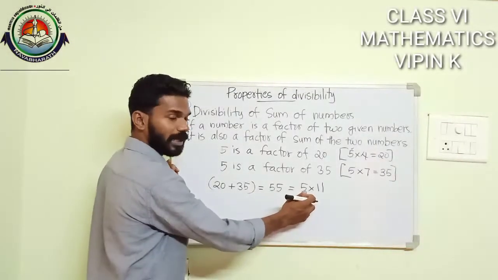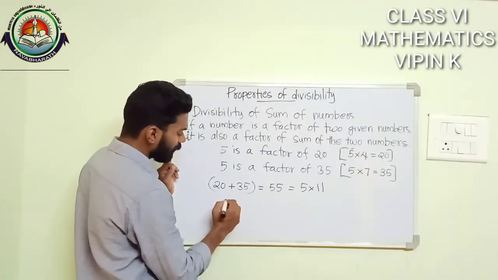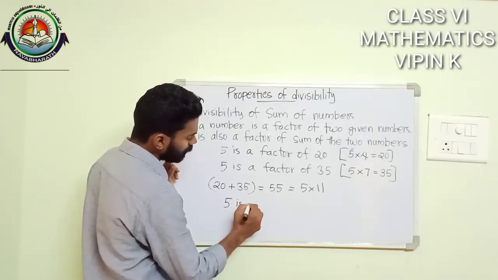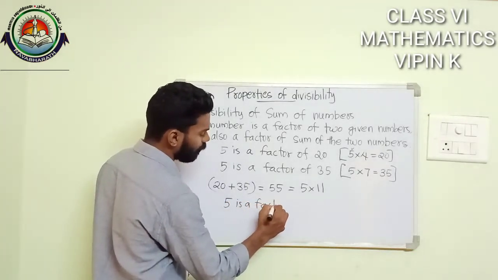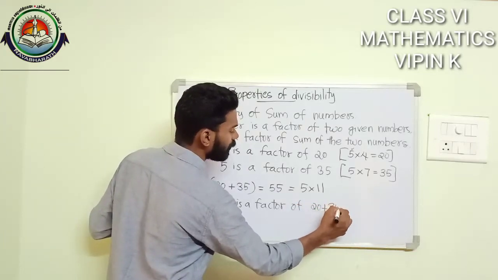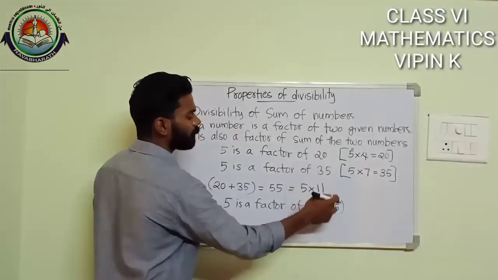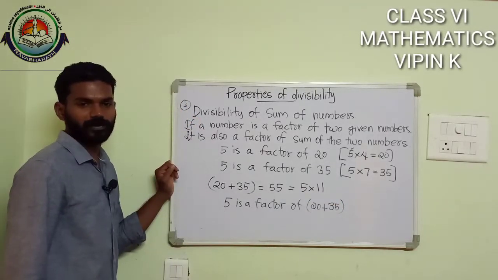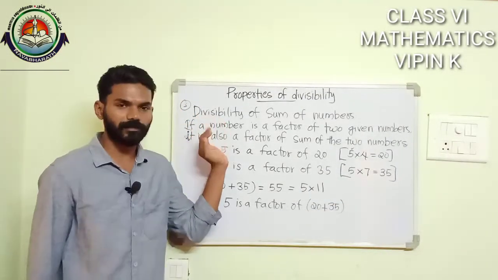Since it can be written as 5 into 11, we can say that 5 is a factor of 20 plus 35, the sum of the two given numbers. So that is what is referred here.